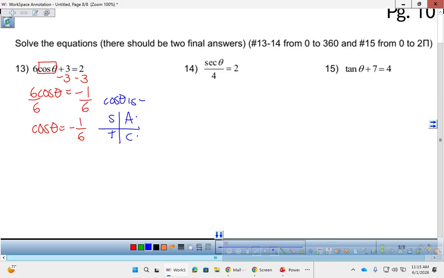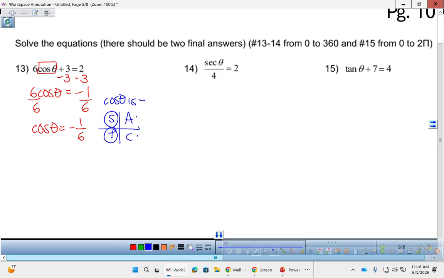So it's negative in 2 and 3, which tells me something about my final 2 answers. One of my final 2 answers is between 90 and 180. And the other one is between 180 and 270. So when we get to the very end, we can check that out. Are you okay with that?